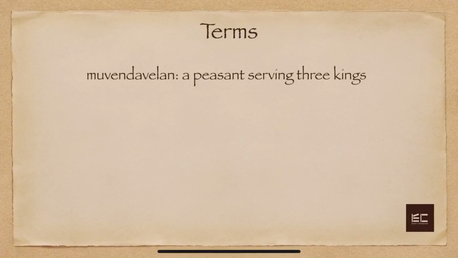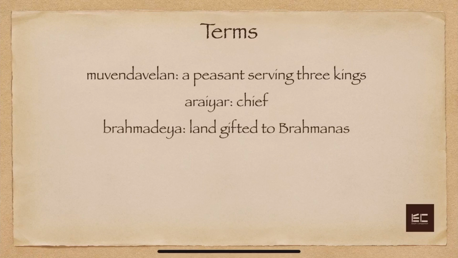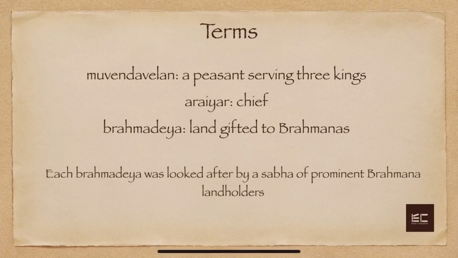Vandavelan, a peasant serving 3 kings. Uraiyur means chief. And Brahmadeya means land gifted to Brahmins. Brahma means Brahman, Deya means land which was gifted to them. So each Brahmadeya was looked after by a Sabha of prominent Brahman landholders.